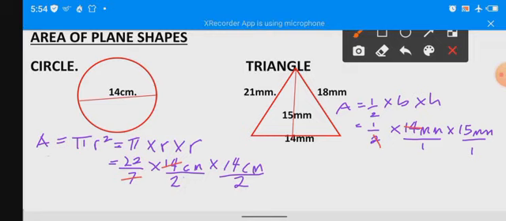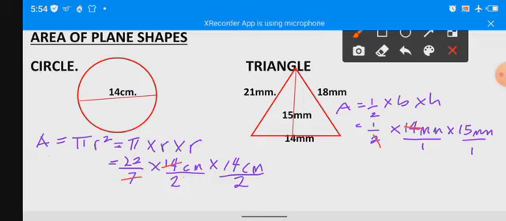In this video, we'll be looking into how to find the area of circles and the area of triangles. The first one here is a circle.